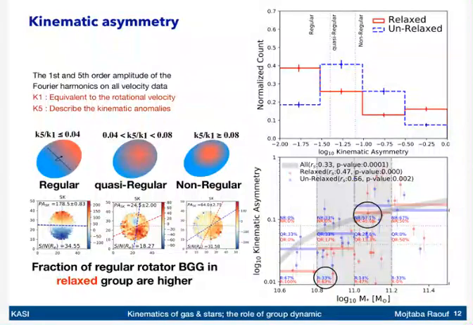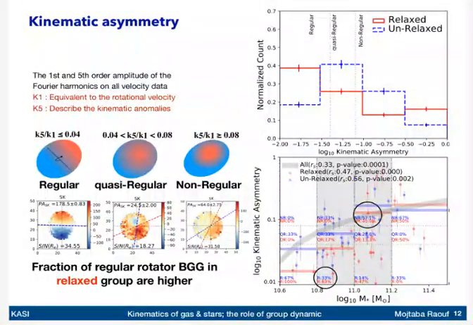So let's start with the impact of dynamical states on the stellar kinematics of galaxies. We perform a Fourier analysis on the stellar velocity field, which allows us to estimate the kinematic asymmetry for each galaxy. What is the kinematic asymmetry? It is the fraction of the first and fifth order amplitudes of the Fourier harmonics of the velocity data.